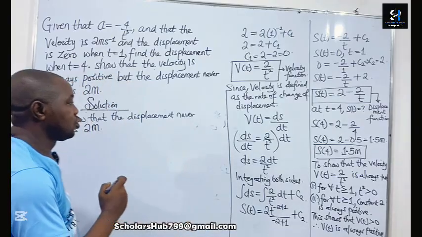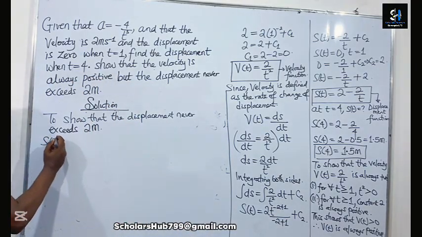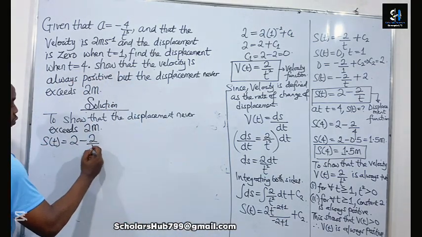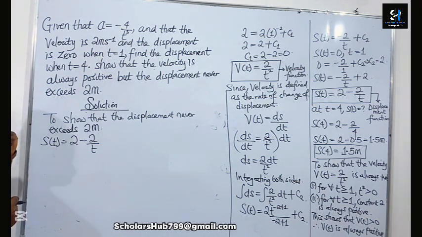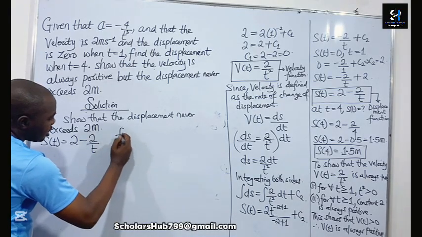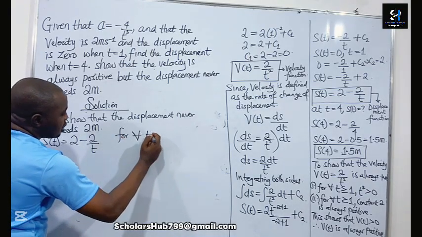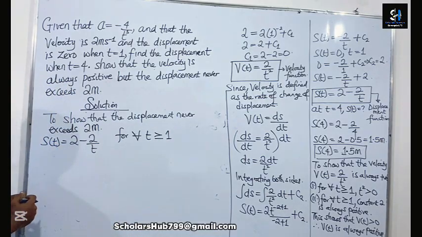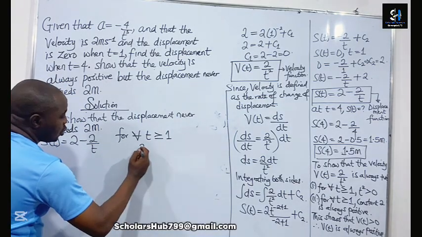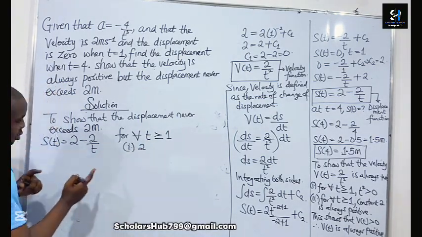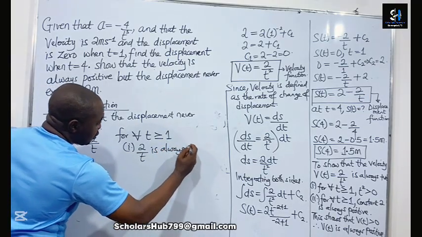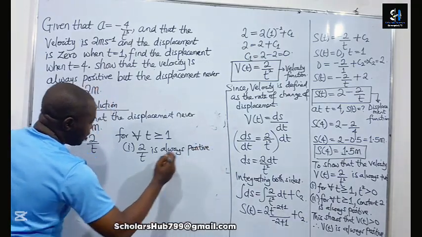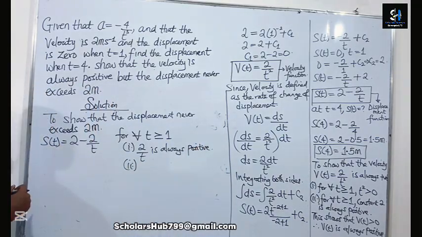We have the displacement function to be 2 minus 2 over t. So in this case, I can also say that for all t greater than or equal to 1, 2 over t is always positive.